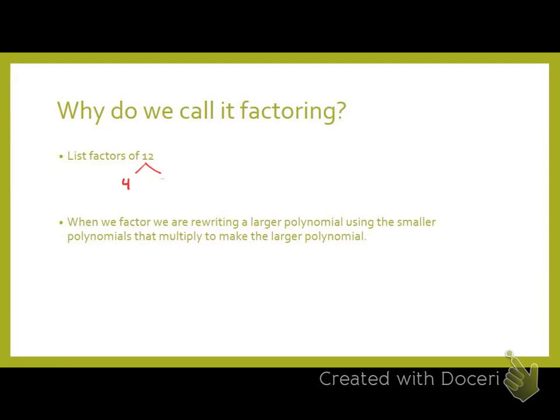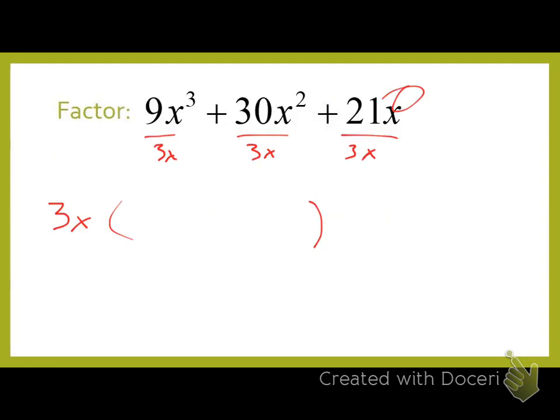What would you do to find the other factor? Well, you would simply divide 12 by 4 and get 3. Same thing here. I know that 3x is a factor. I don't know what the other factor is that I have to multiply to it. So what I'm going to do is I'm going to divide everything by 3x.